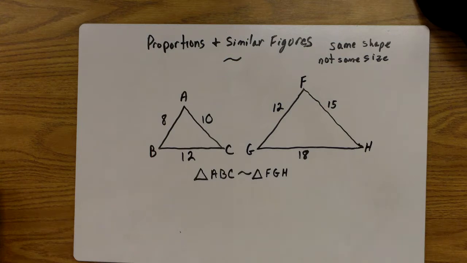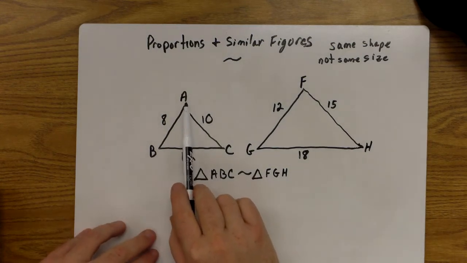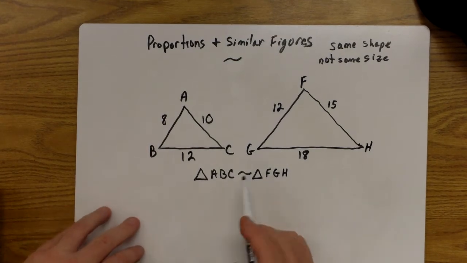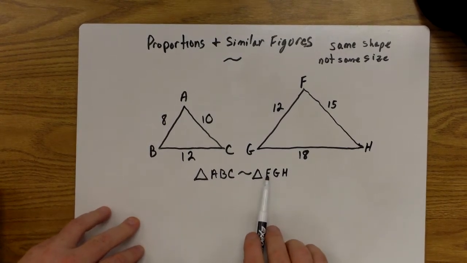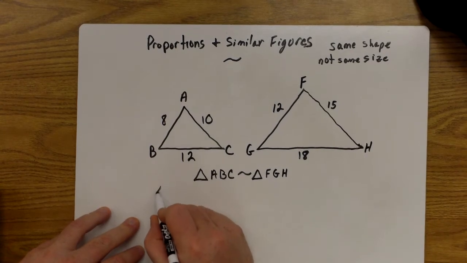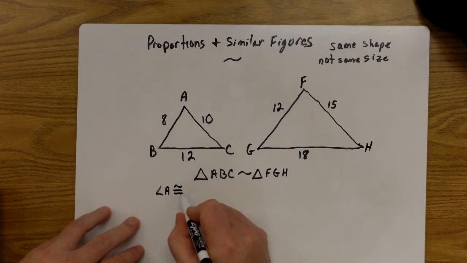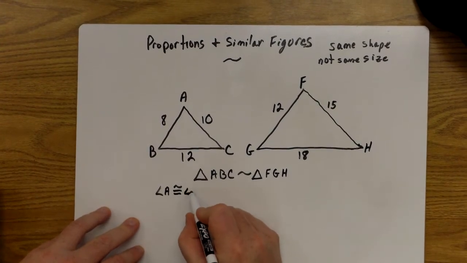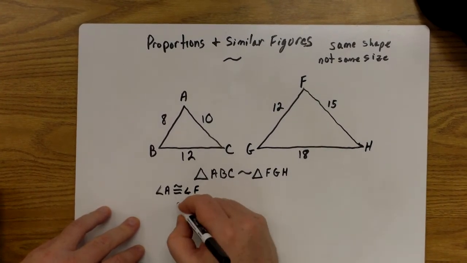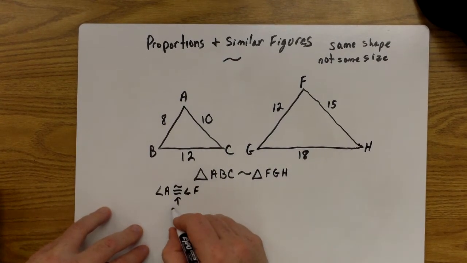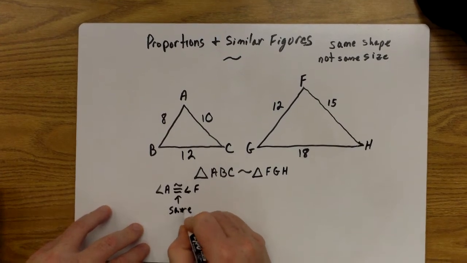Now in similar figures, they have some unique properties. It turns out that all of the corresponding angles are congruent. So angle A corresponds to angle F, so we can say that angle A is congruent to angle F. This is the symbol for congruency, and congruency just means the same measure.